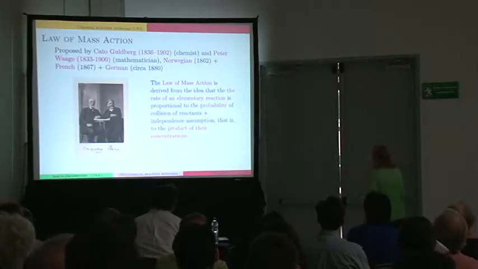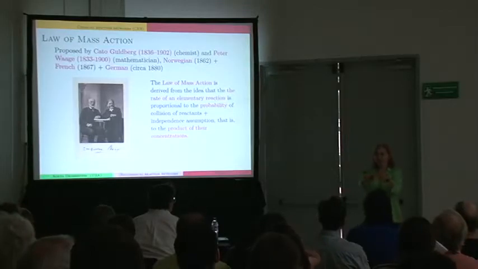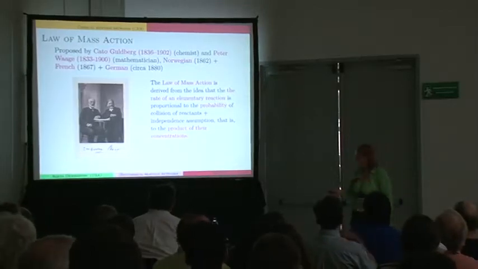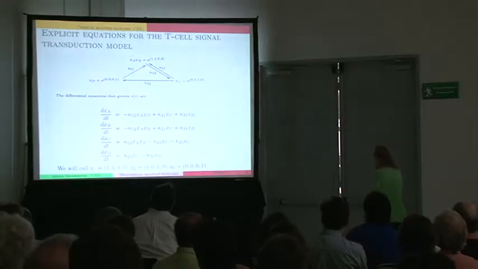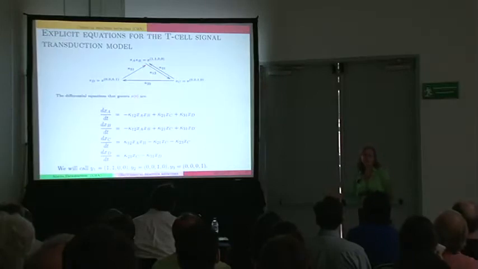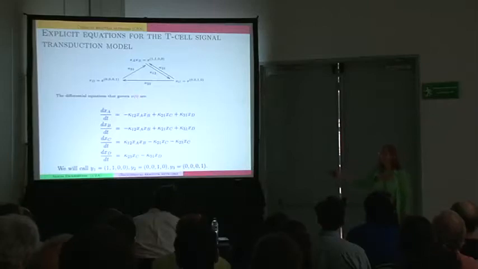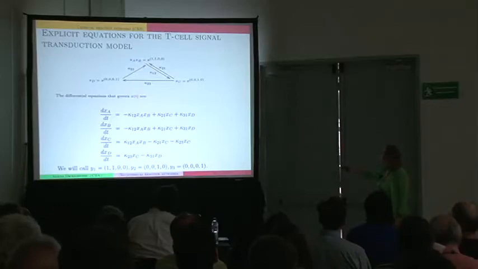And with an independence assumption, this rate of reaction depends on the product of the concentrations of the molecules that are producing this reaction. So when you translate this mathematically, what we get are just polynomials, and monomials in this case. So for instance here, this reaction rate is this number times the product of the concentrations of A and B. So in mathematical notation we write this, but we are going to use the standard notation.